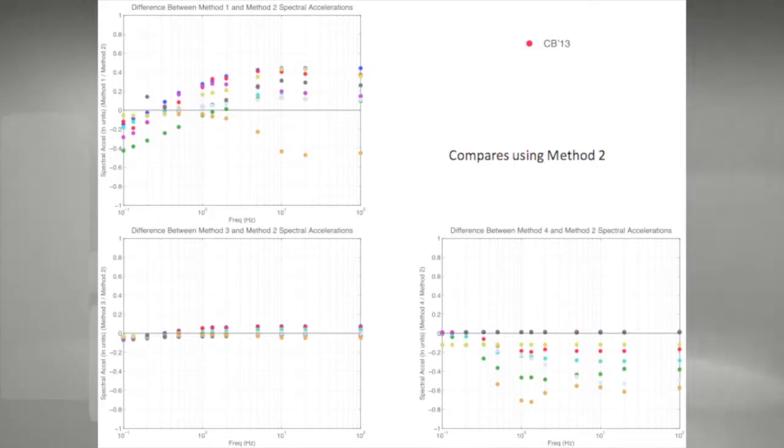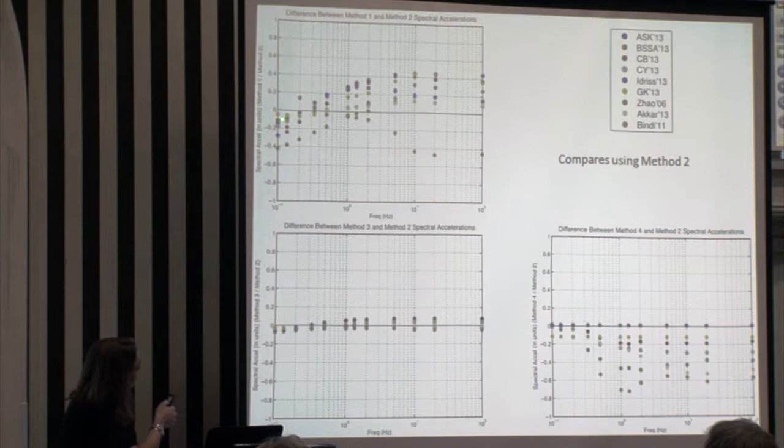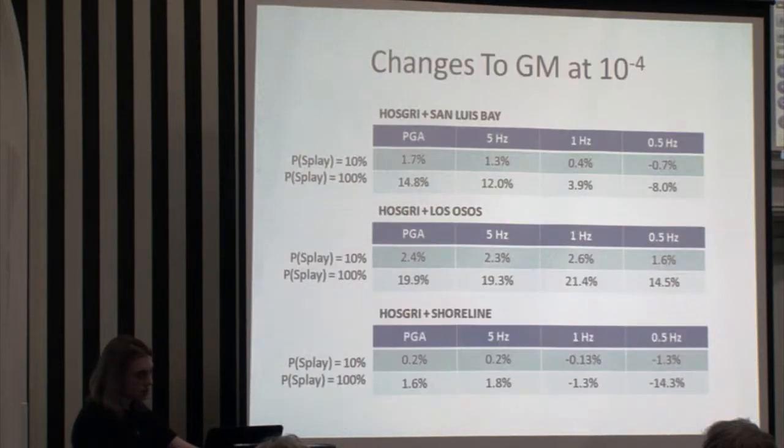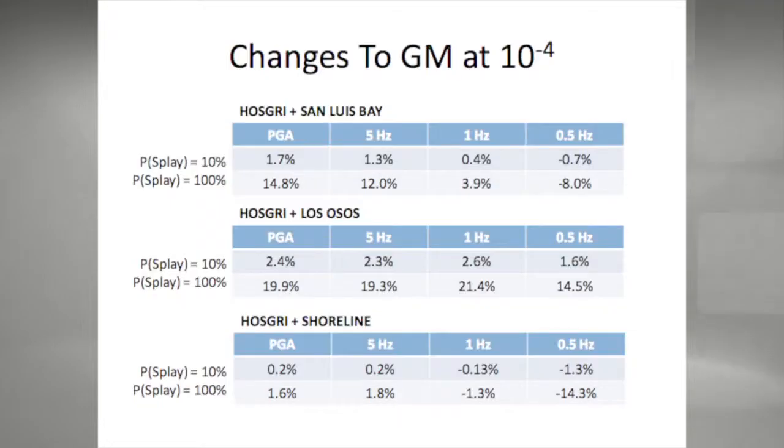And so to just summarize, what I did is I took the maximum increase from these ratios here, just these top points, using method 1, the comparison between method 1 and method 2, to look at how this would change the hazard, how this would change the ground motions at 10 to the minus 4.